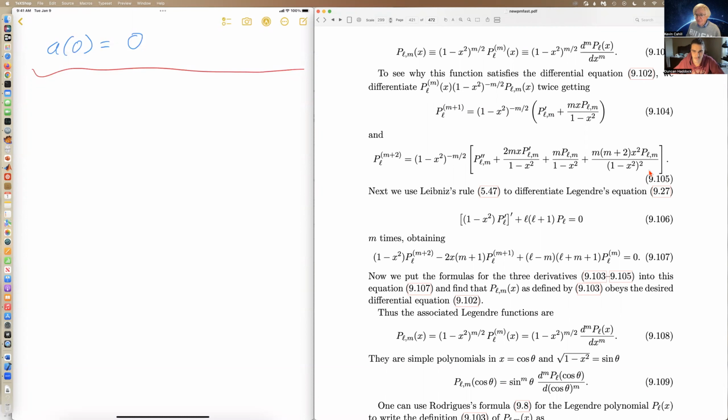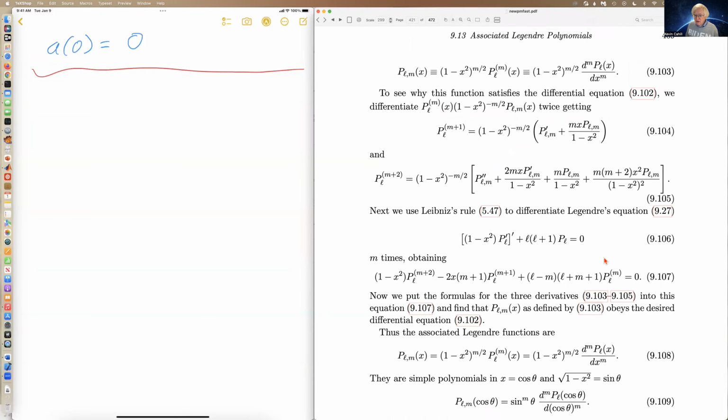But now we use Leibniz's rule to differentiate Legendre's equation m times. And so you differentiate this equation m times. Well, partly you get just P_L^(m), meaning you differentiated this m times, but now you are differentiating these ones, and so you get 1 minus x squared P_L^(m+2), and then you get some cross terms, and then you get stuff that contributes to this term.